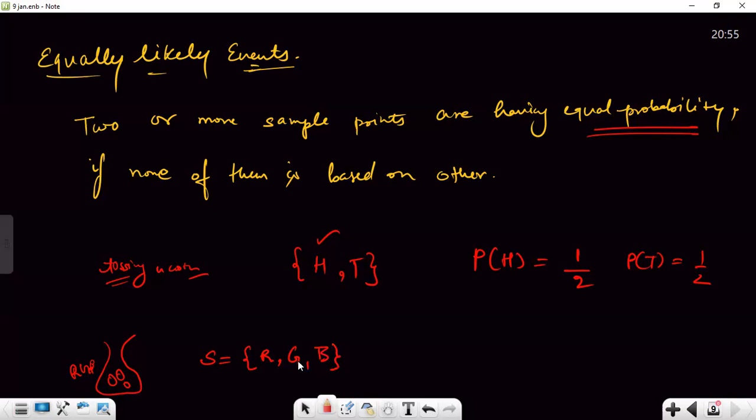If we put our hand in and, without seeing, take out any ball, all the balls will have the same chance of coming out. So red, green, and blue all have the same probability. That's when we call them equally likely events. Is that clear, everyone?